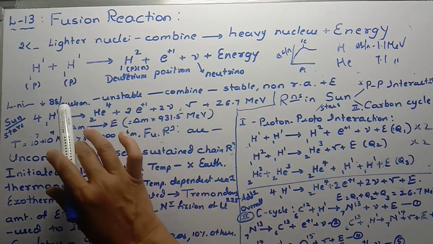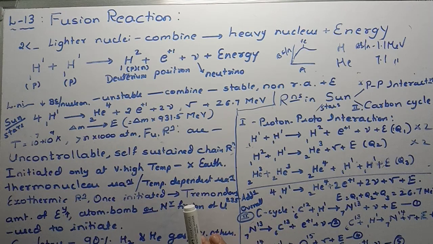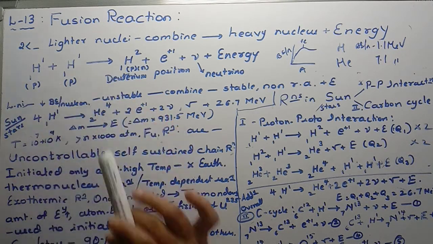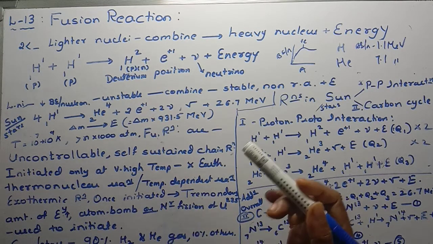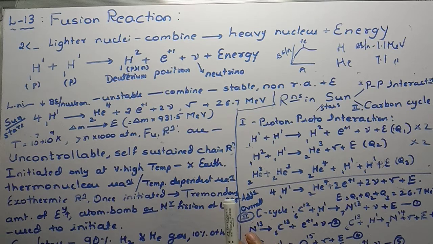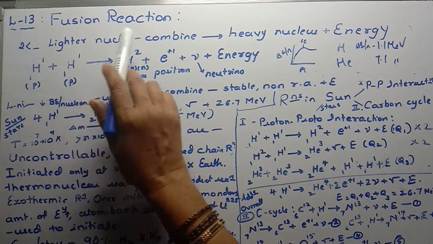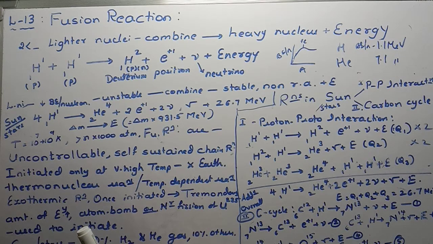Okay, so the lighter elements which have lower binding energy are less stable compared to the nuclei which have higher binding energy per nucleon. So thereby in a nuclear fusion, lighter elements undergo combination to give the heavy nucleus.